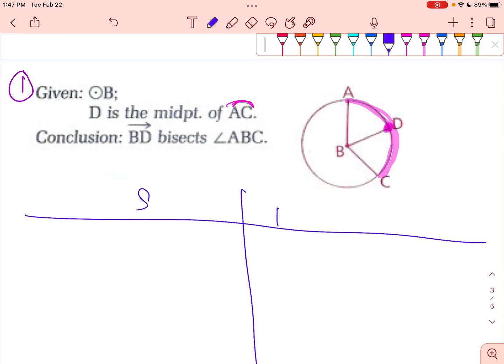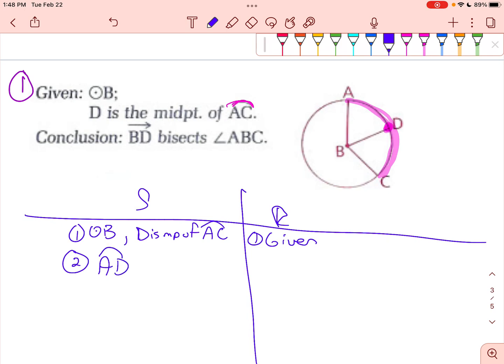Okay, so we're going to go ahead and write this out. So step 1, we have circle B, and D is the midpoint of arc AC. That's given information. They told us that. What can I pull from that? Well, I can pull that arc AD is congruent to arc DC.